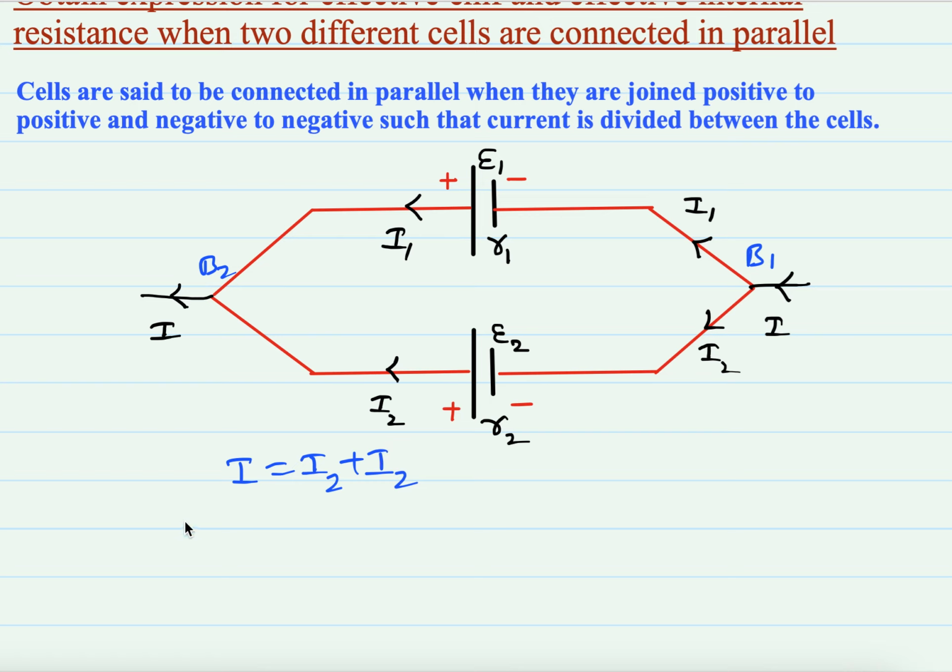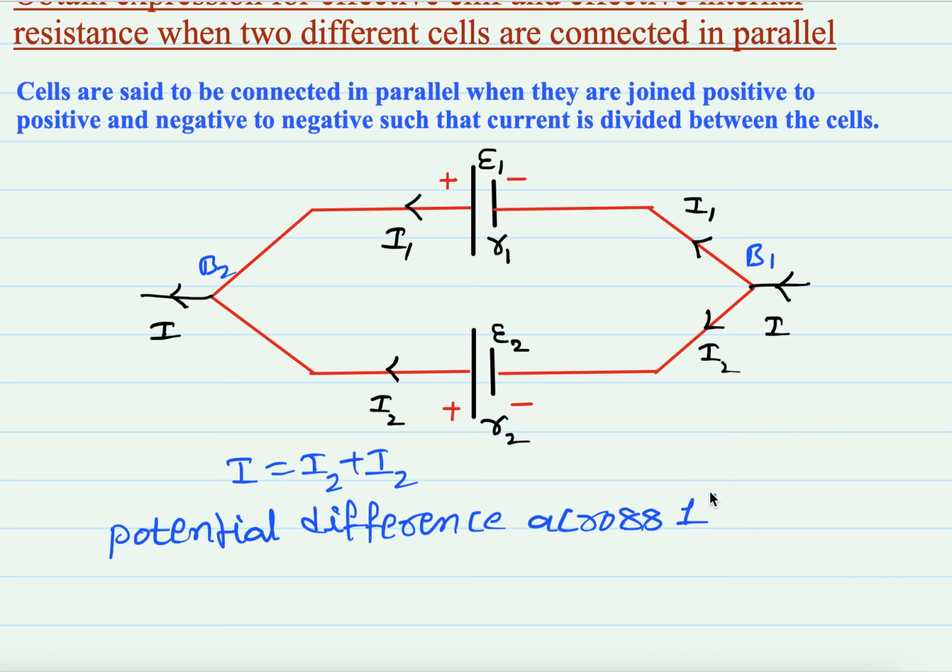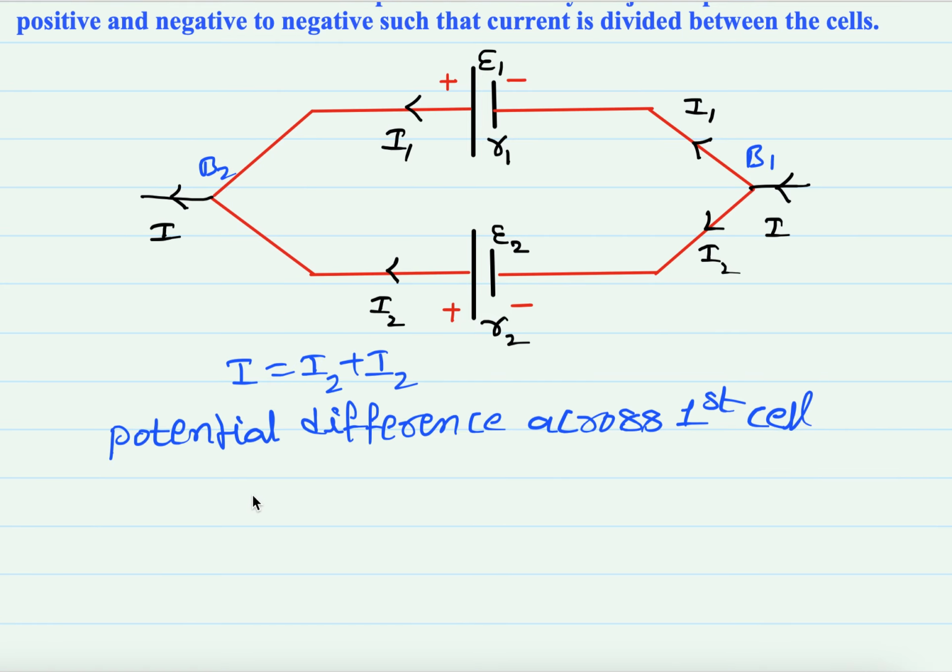Now what is the potential difference across the first cell? Potential difference across the first cell, so that is V equal to E1 minus I1 R1.